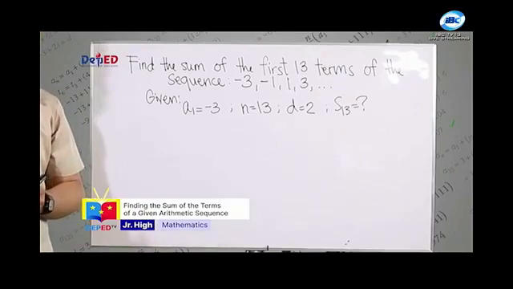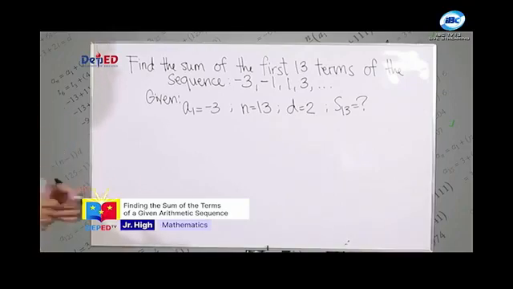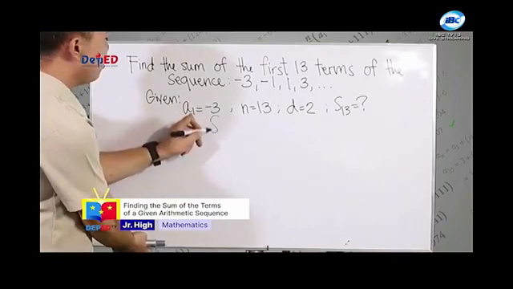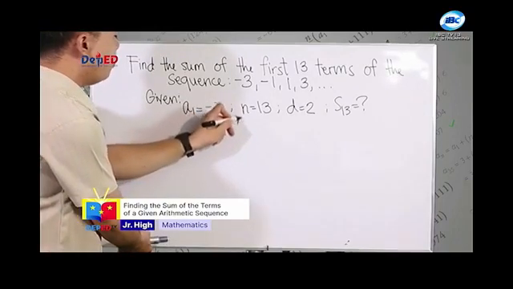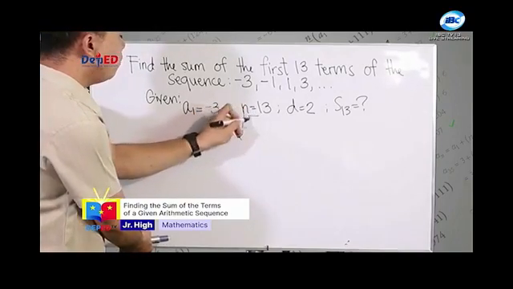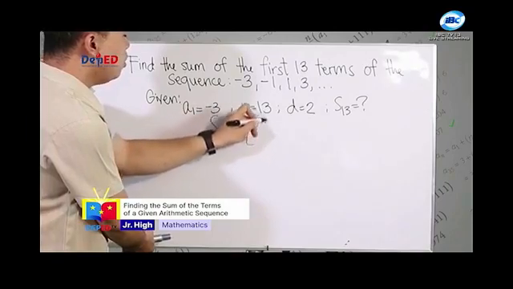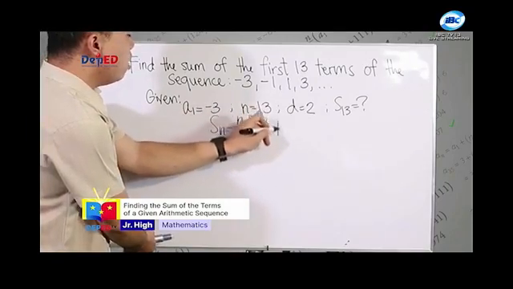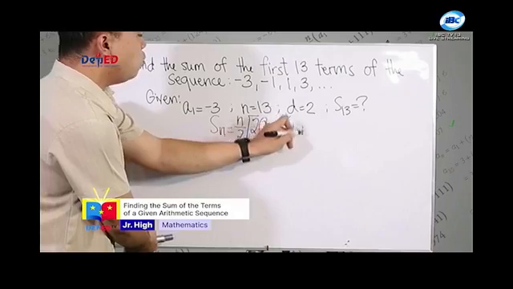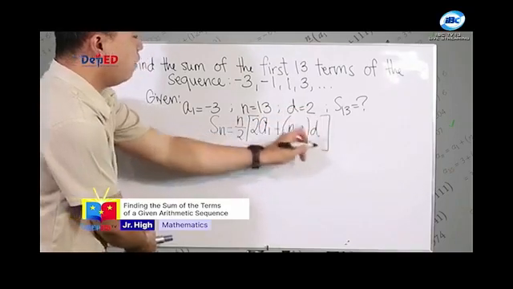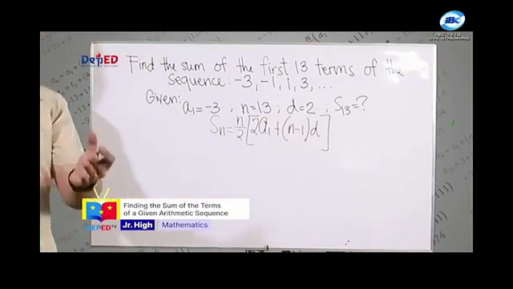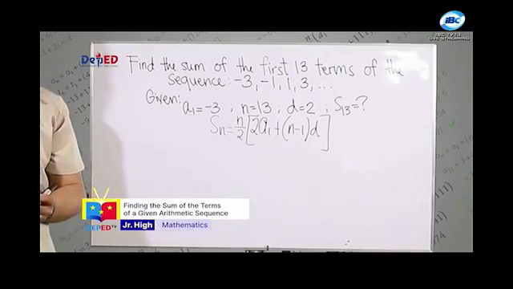Since the last term is not given, we will use the formula s sub n is equal to n divided by 2 times the quantity 2 times a sub 1 plus n minus 1 times the difference. Again, substitute the values in the formula.